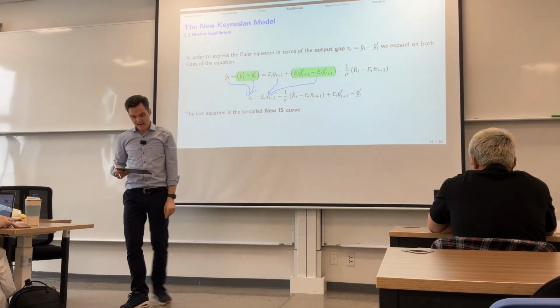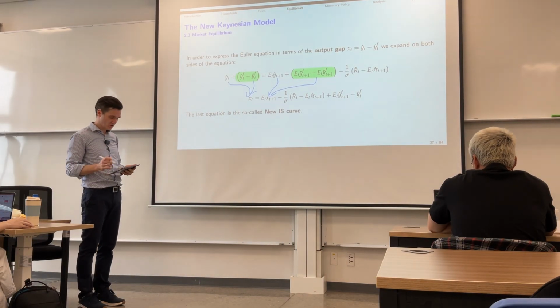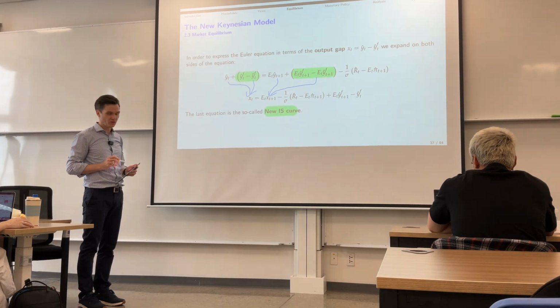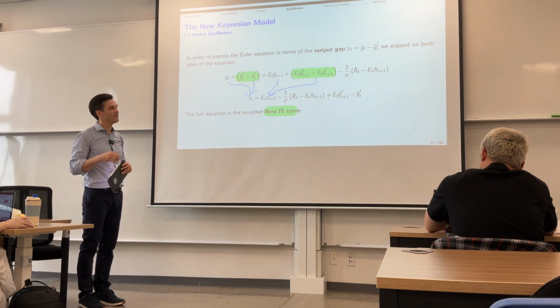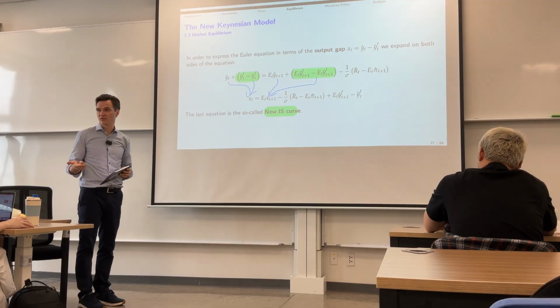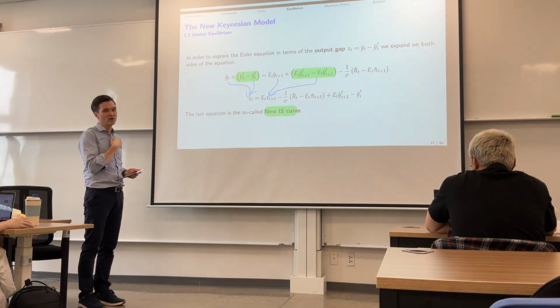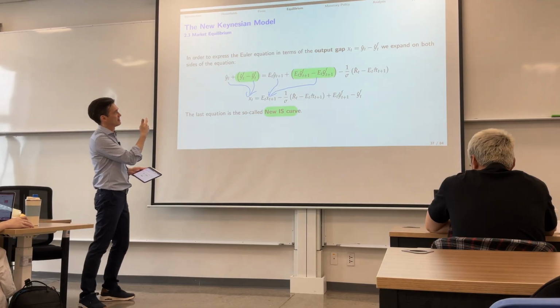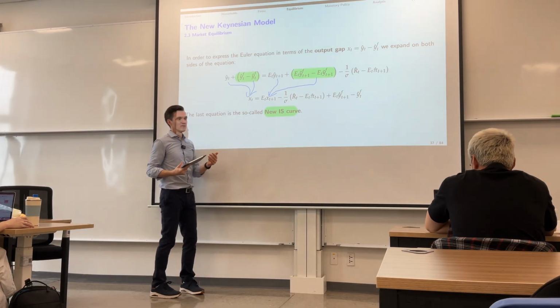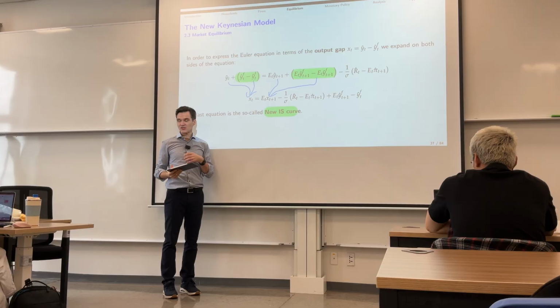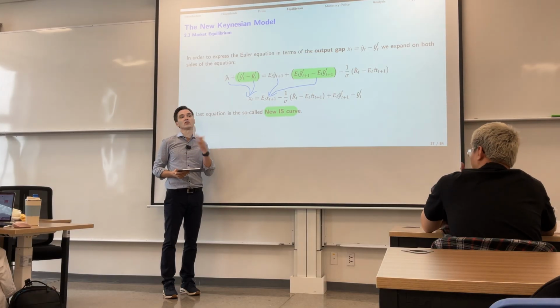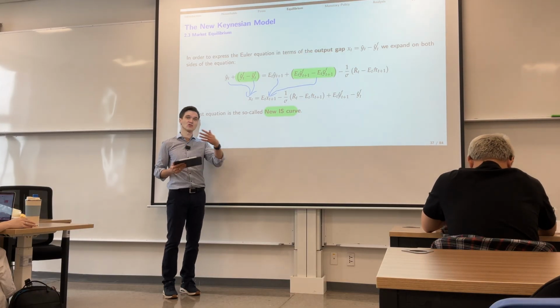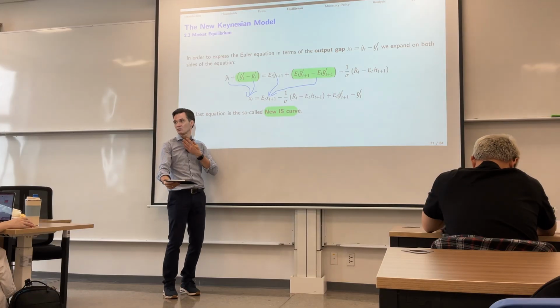here. Okay, that equation in the literature is called the new IS curve. The new investment and savings curve. So IS always stands for investment and savings. It tells you nothing else than just, are you going to invest in these bonds, or are you going to consume? Your investment choice is a mirror image of your consumption choice.